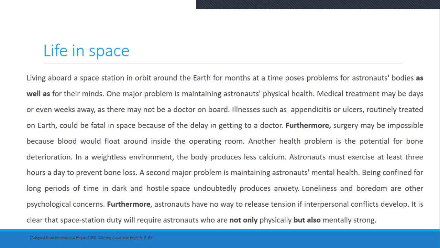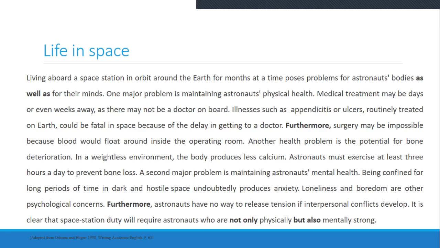Since the writer went on talking about it, I got an idea of what the writer is actually talking about, right? So when you include one point, try to elaborate on it, right? Try to explain what you have written instead of moving on to the next point, right? Then you move on and say a second major problem is, and then the writer moves on to the next particular point, right?